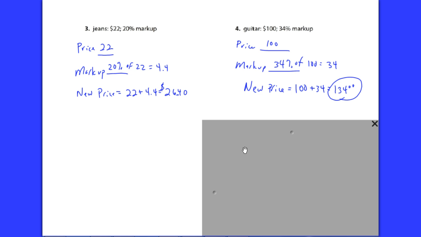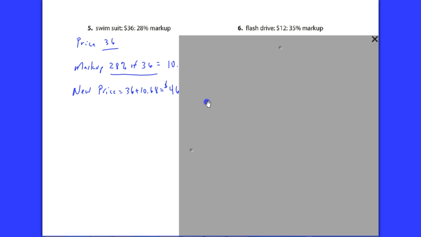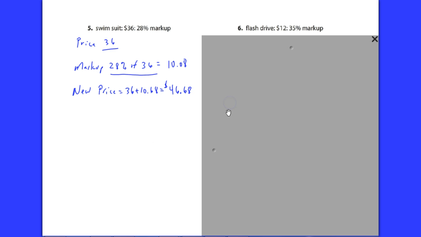If you haven't done the next two questions, please hit pause and go ahead and do that. If you have, just keep on watching. Here we go with number 5. We had an original price of $36 and a markup of 28%. I calculated the markup: it was $10.08. I added that back into the original price, $46.08.